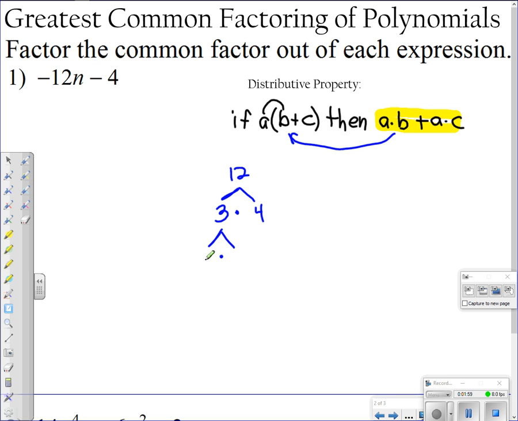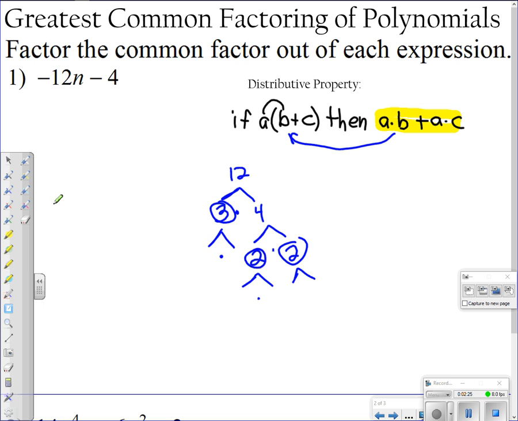Can I use 1 or 3? It cannot be done, so this is prime. Factors of 4: can I use 1 or 4? I can use 2 multiplied by 2. Factors of 2: what can I multiply to give me 2? Can I use 1 or 2? Prime, prime.